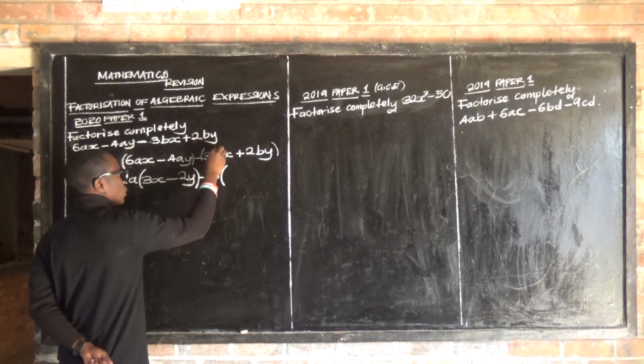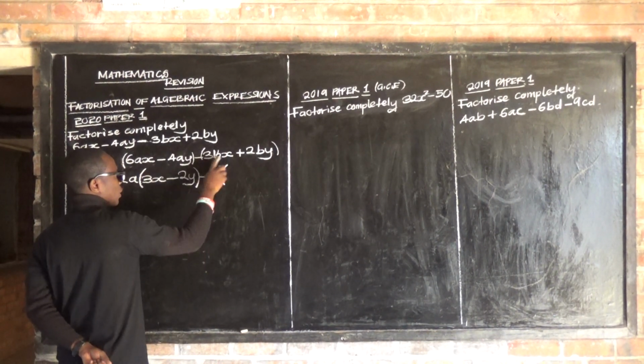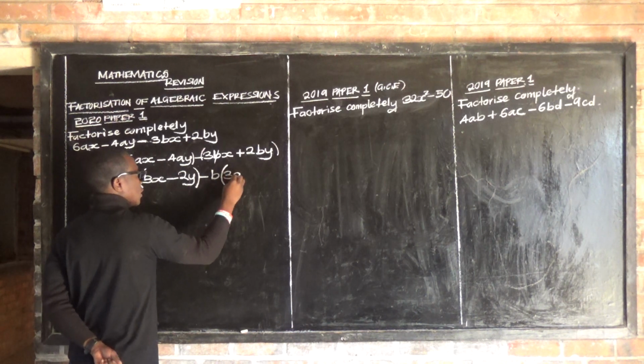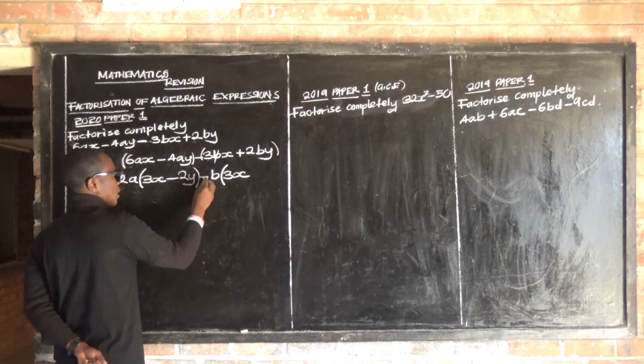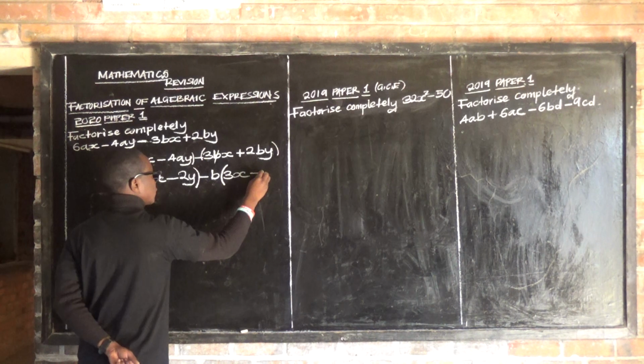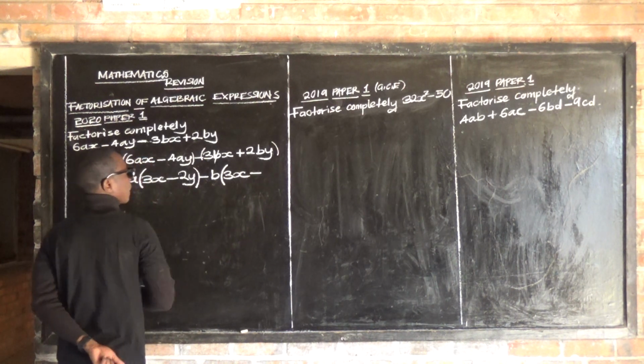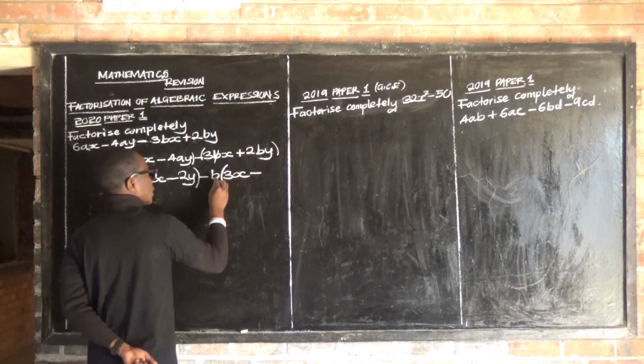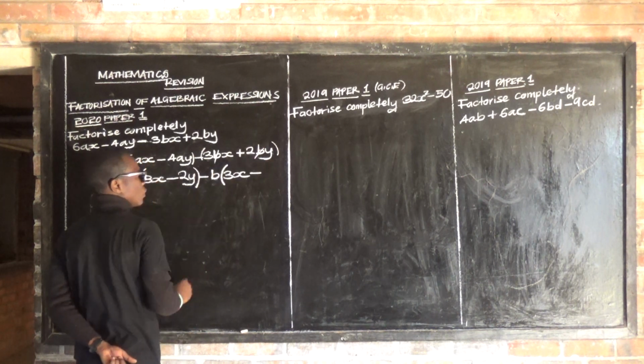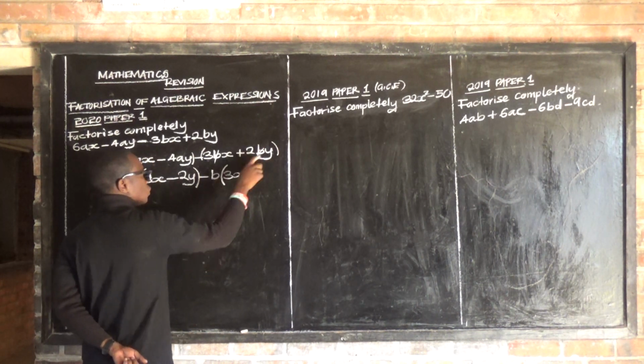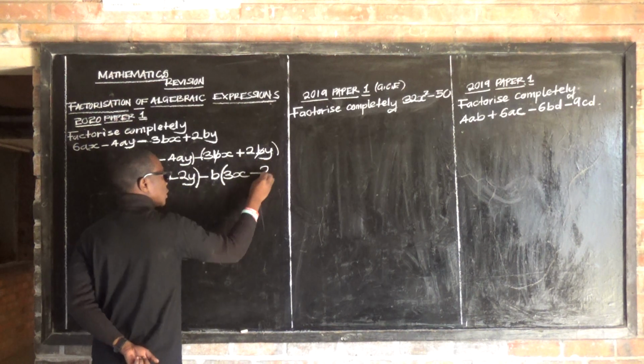This b is going to divide this b. We're going to begin with 3x. Is it okay? Then negative into positive, you get negative. Then this b and this b are going to go. So b into 2by, you get 2y.